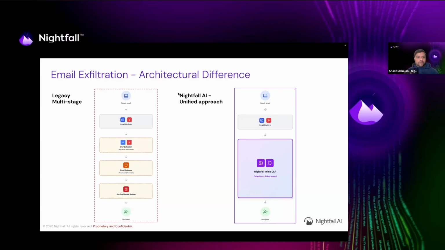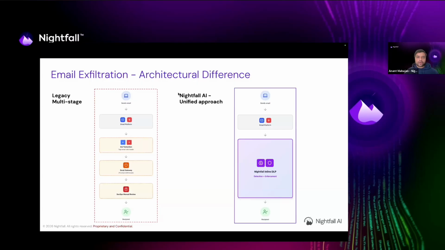As opposed to that model, in the case of Nightfall, you have a unified approach. You do not need to rely on a different tool for detection, and you do not need to rely on some other third-party gateway-based product for enforcement. You could combine both detection at accuracy and at the scale of a cloud-first platform that is built for the AI and SaaS native era, as well as enforce the remediation actions.